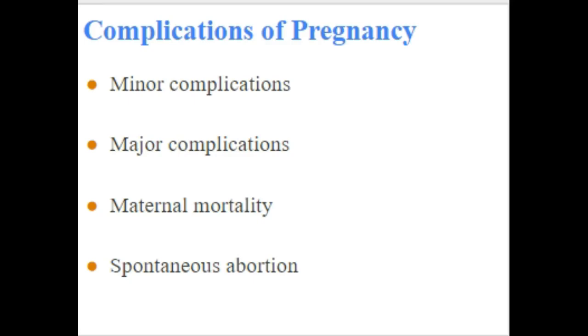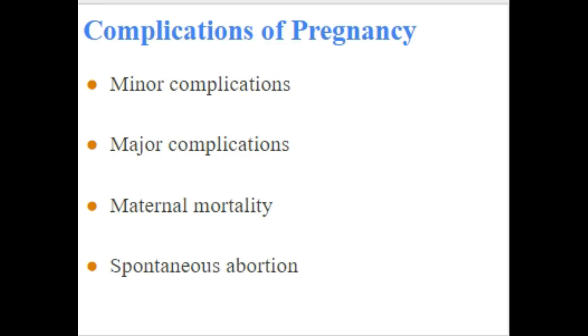Major complications include things like an ectopic pregnancy, where the zygote doesn't fully leave the fallopian tube, and starts to develop more in the tube versus making its way to the uterus.